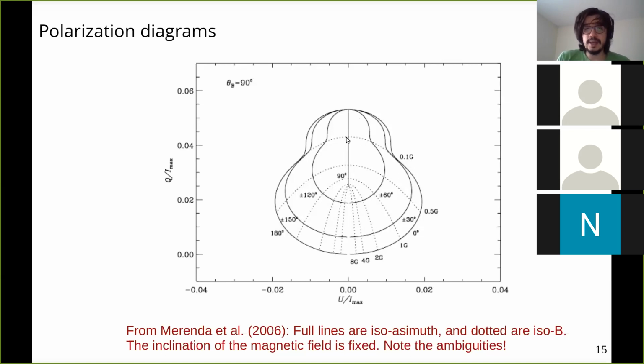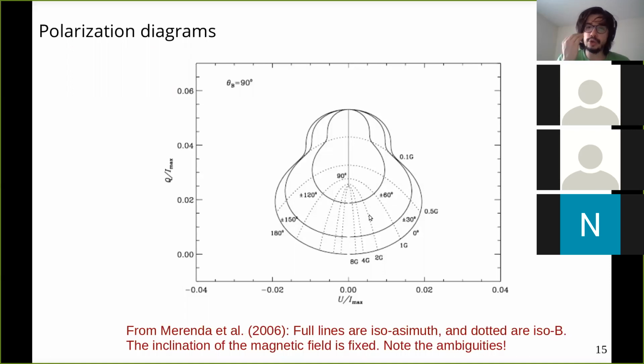Okay, let's for example focus on 1 Gauss, which is here, right? For 1 Gauss, changing the azimuth changes Stokes I, Q and U according to this line here.